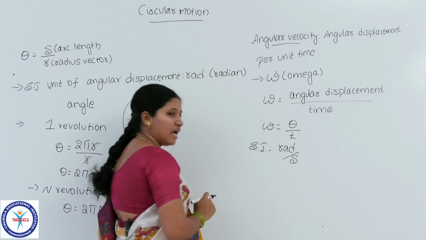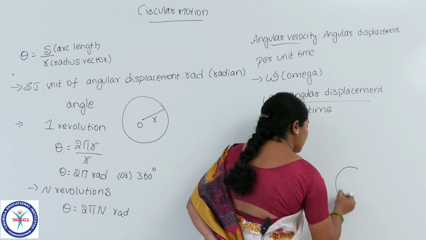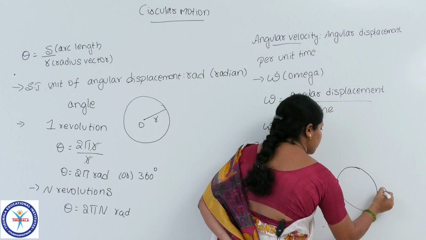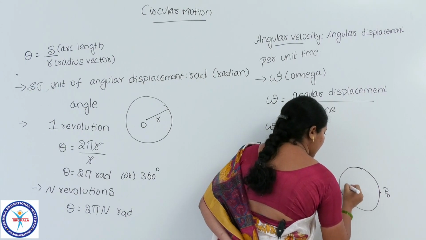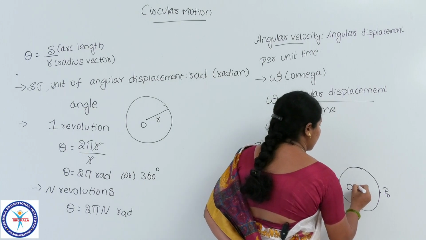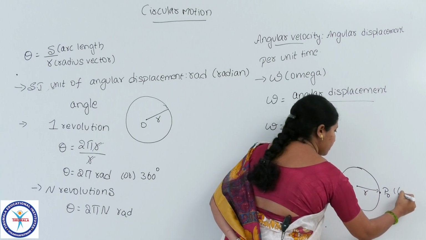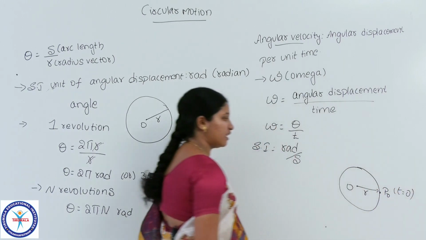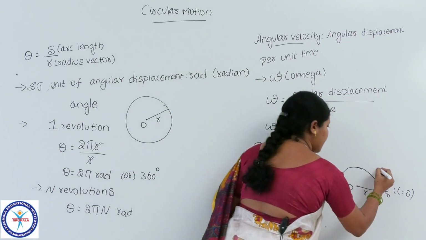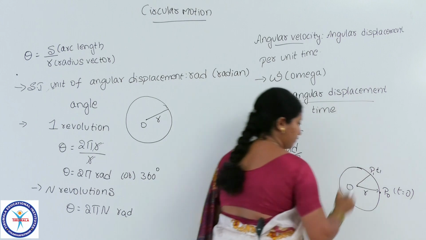So suppose I am considering a particle which is moving in a circular path. Let this be P naught, and O is the center of the circle, and R is the radius vector. At time t equal to 0, it is at position P naught. After time interval t1, it is at position P1.